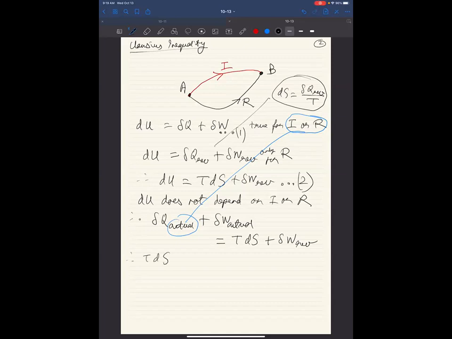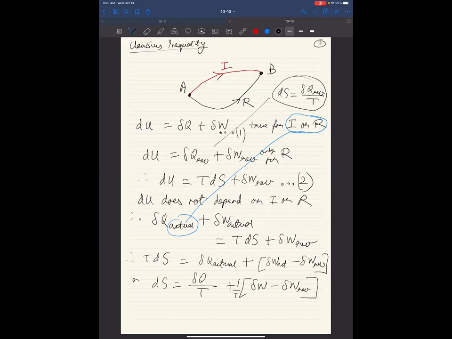Therefore, TdS is equal to delta Q actual plus delta W actual minus delta W reversible, or dS is equal to delta Q. I'm going to get rid of even the actual now and just call it delta Q for a general process where we don't know whether it's reversible or irreversible. dS is equal to delta Q by T plus 1 by T times delta W minus delta W reversible.